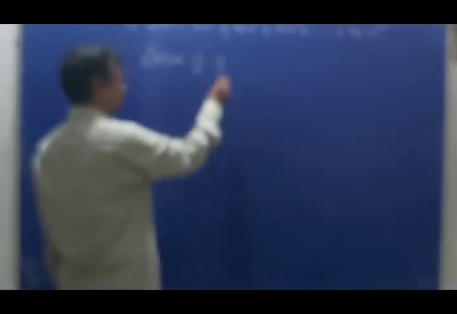f dash of x. For ln x, what is the formula? 1 by x. For ln of x square, what is the formula? 1 by x square into the derivative of x square, which is 2x.